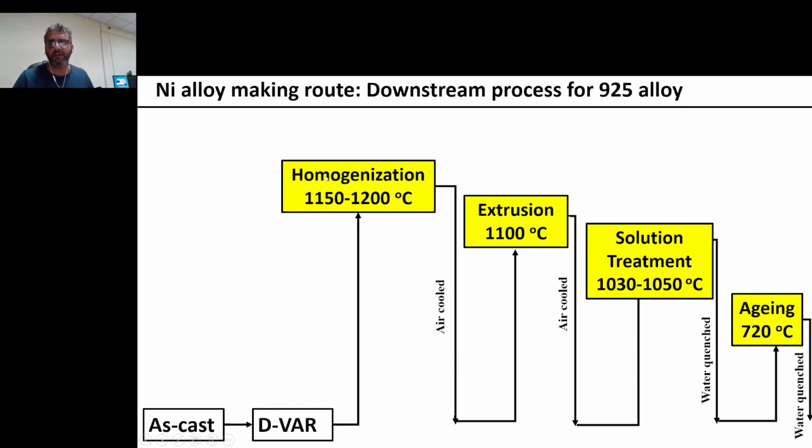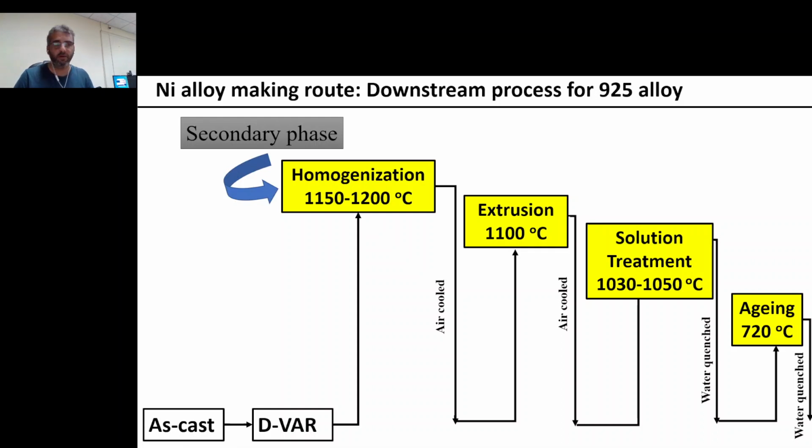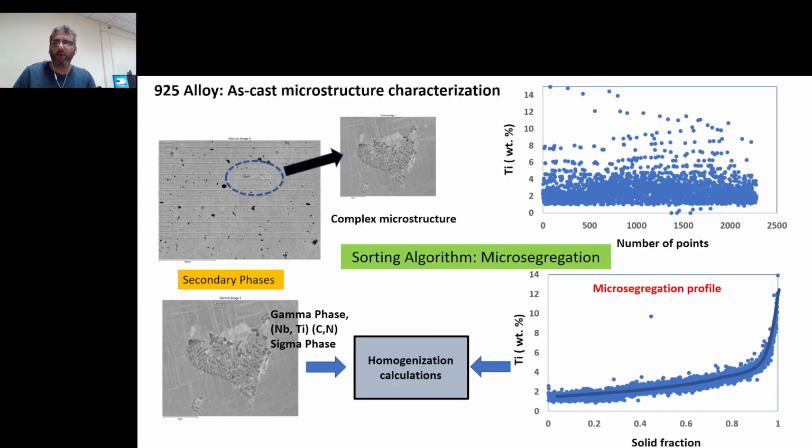Homogenization is a very important step because we want to redistribute the solutes back in the gamma phase in the nickel matrix, and we also want to dissolve all the secondary phases so that we do not face any problems during the extrusion stage. So it's a very important stage in order to control the downstream processing of nickel alloy.